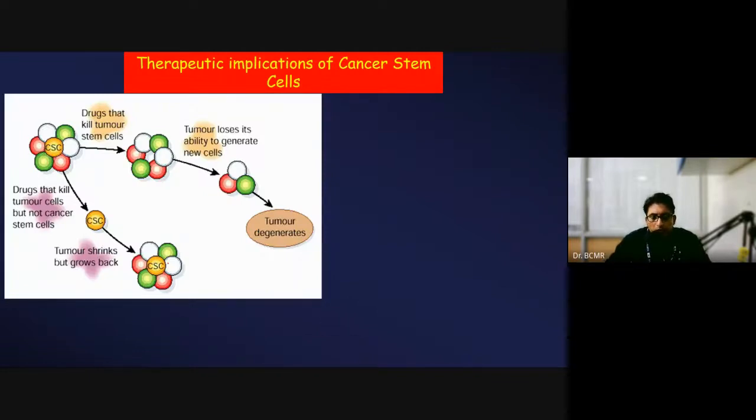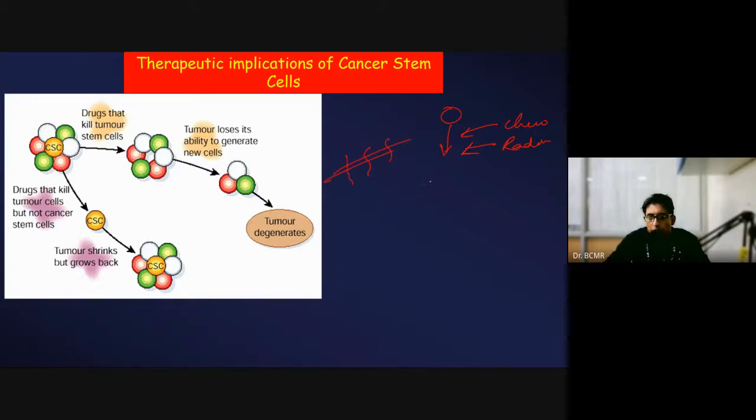The idea of why we are studying the cancer stem cell is what happens during therapy. If there is a tumor, we try chemotherapy and radiotherapy, and many of them target the genome.